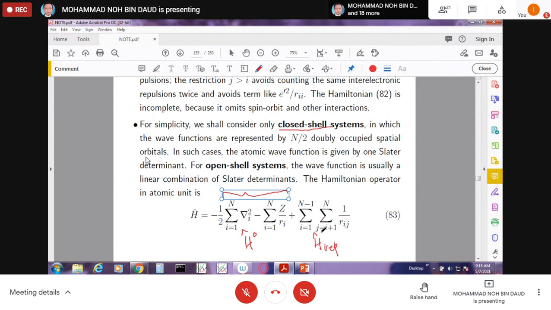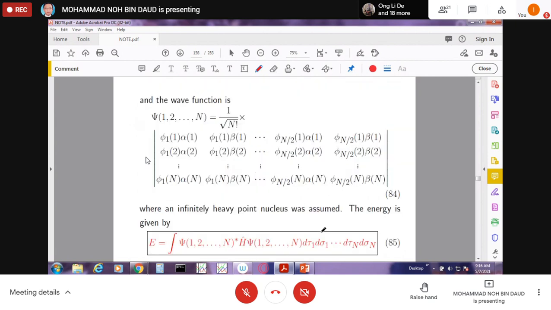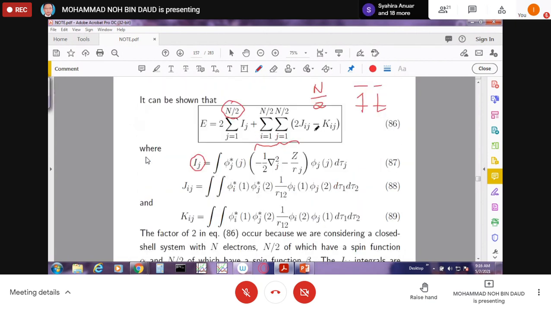Later, I will show you how we can relate them. They are actually identical, these 2 approaches, the variational and the perturbation, to get the approximate energy. And here you can see the repulsions.